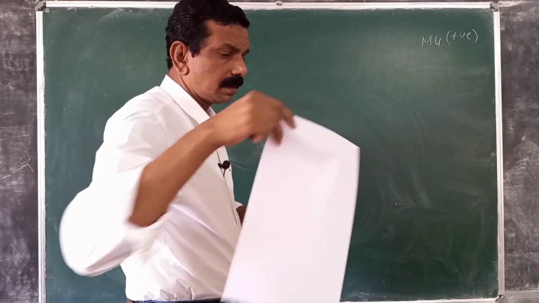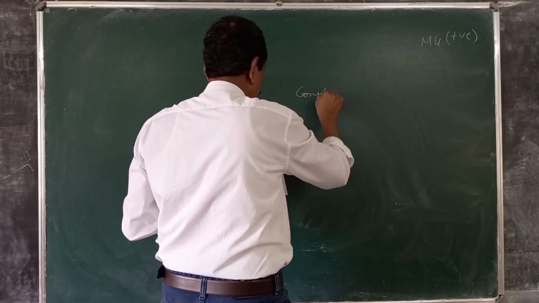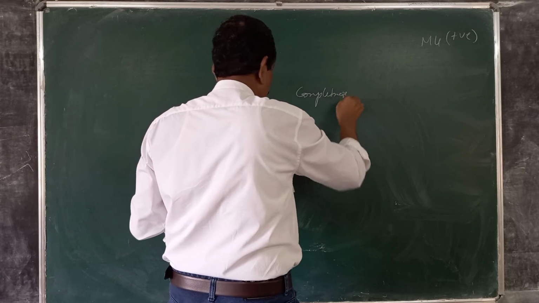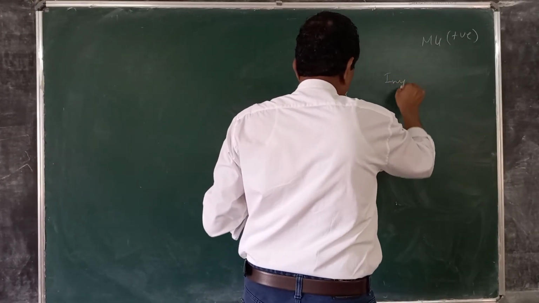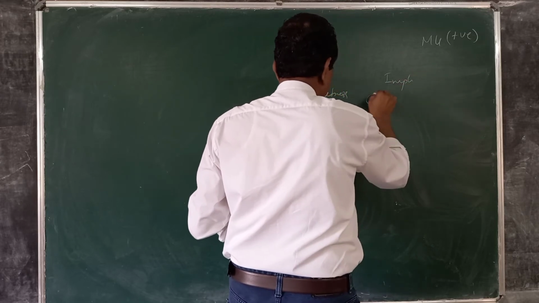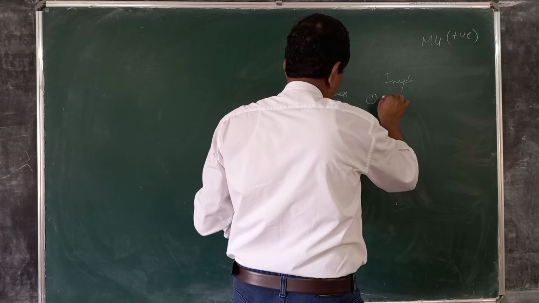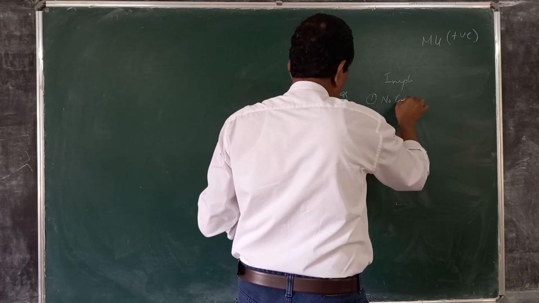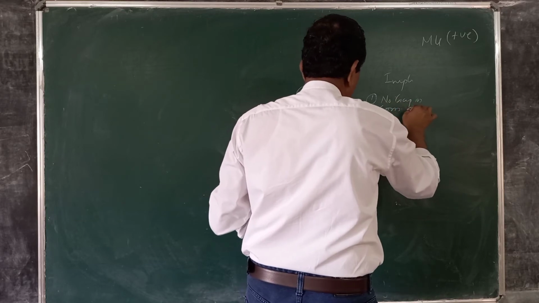Now, the first axiom is completeness. Completeness has two implications. One, no gap in commodity space.